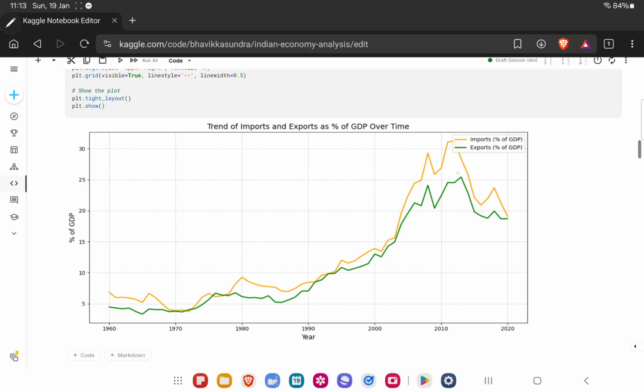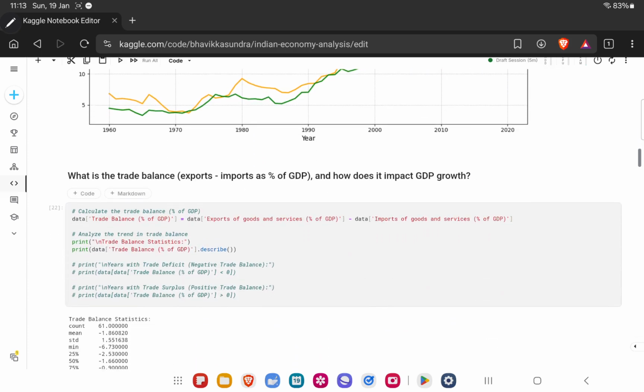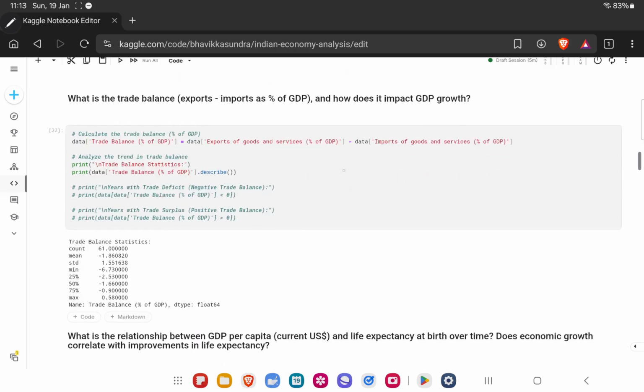There is a significant difference in the years 2011 to 15. Imports are really high as a percentage of GDP, hitting almost 30% of GDP, while exports are 25% of GDP. So the trade balance is not good.